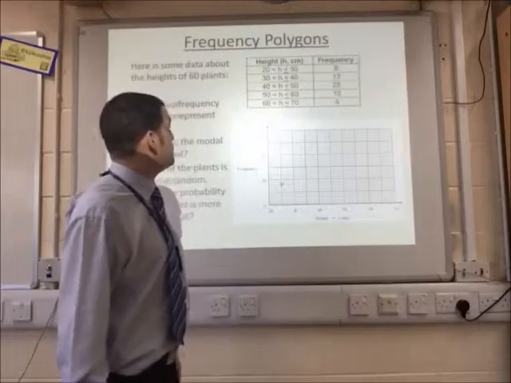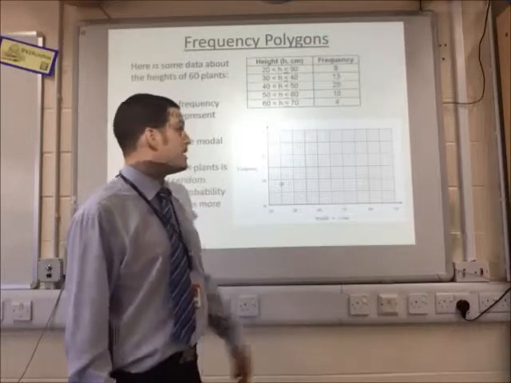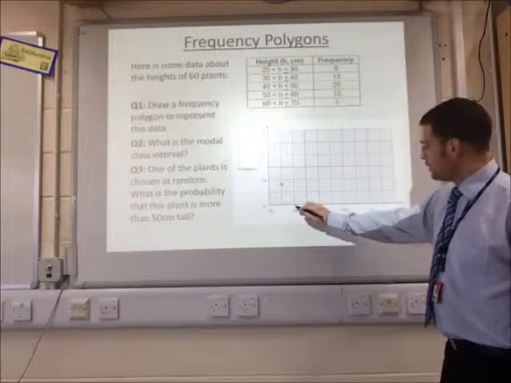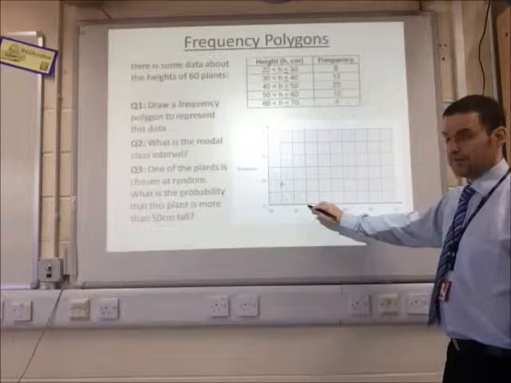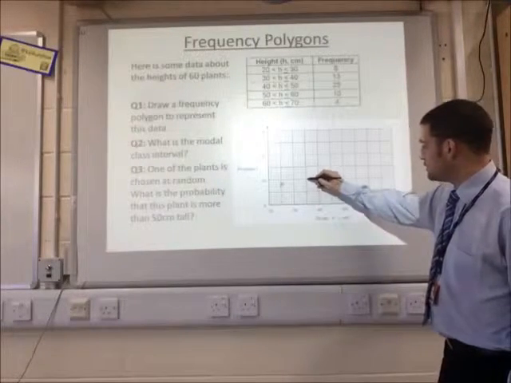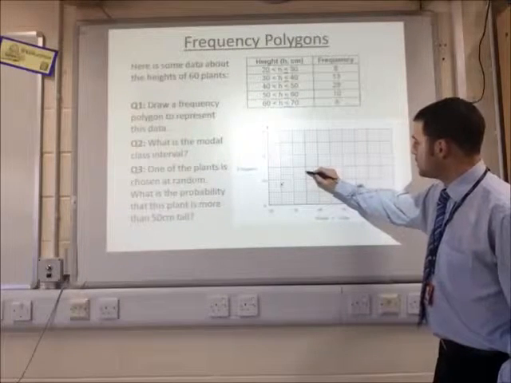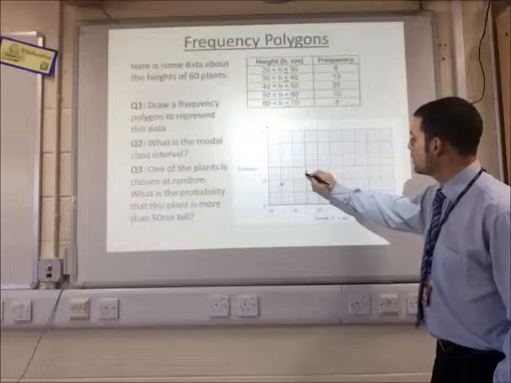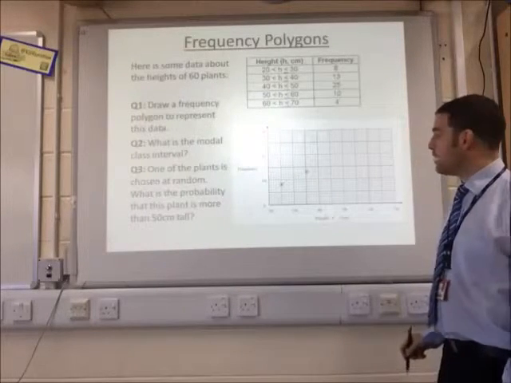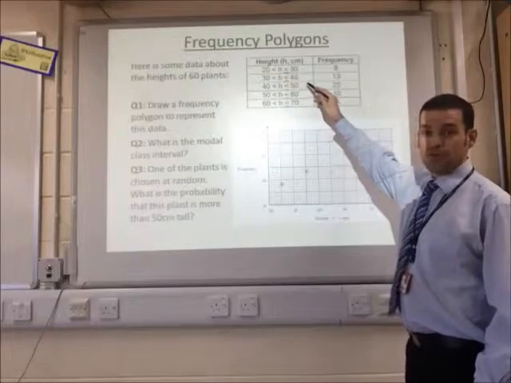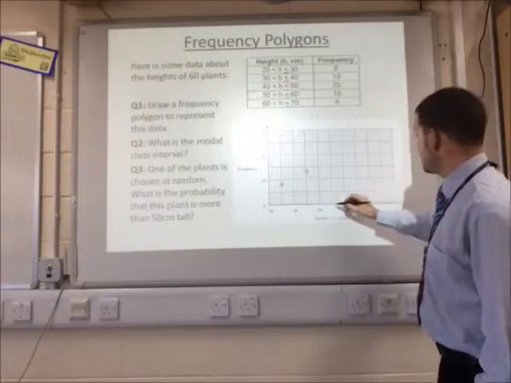So the midpoint of the next group is 35 and the frequency is 13. So go along first, find 35, then go upwards, find 13. So there's 10, count 1, 2, 3, up from there. And that's my next little marker. Next one, the midpoint is going to be 45 and the frequency is going to be 25.